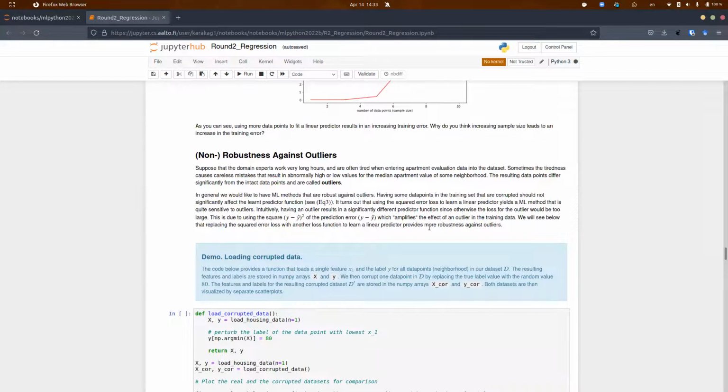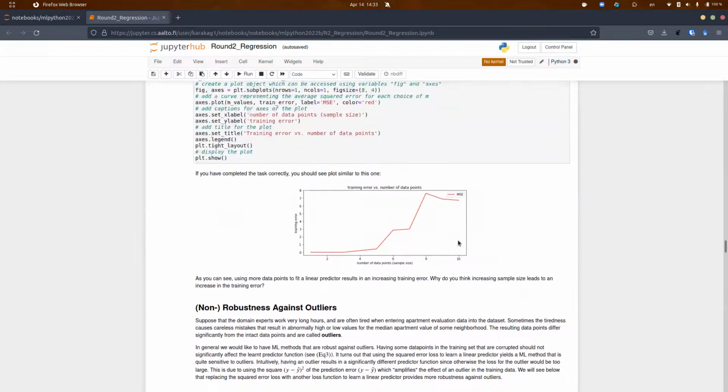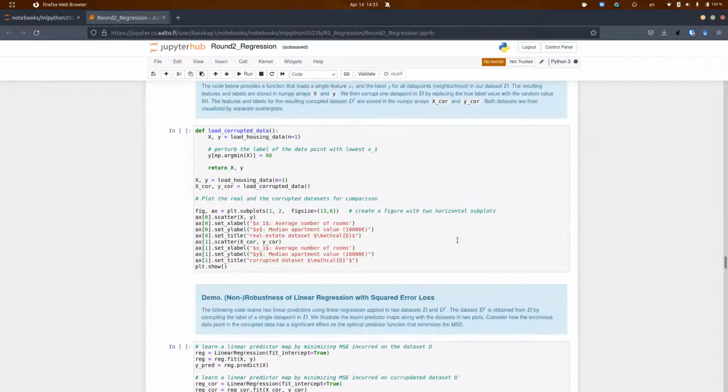And then there is some talk about how to handle outliers. Outliers are data that do not seem to follow the common distribution of the data. We don't really have an example here, but for example, if one price were much higher than the others, that would be an outlier.